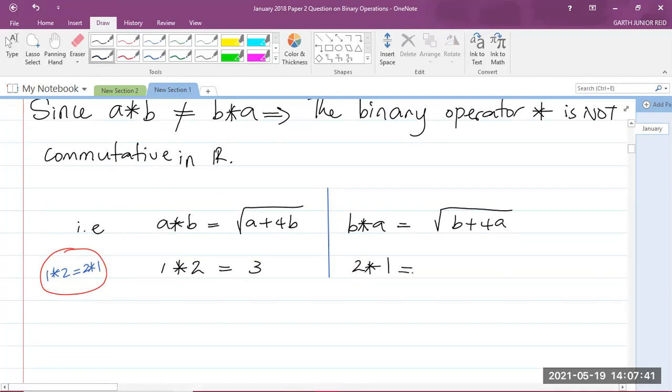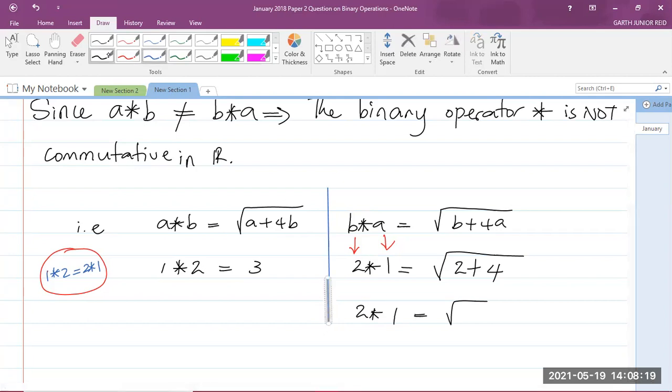I'm doing this just for you to understand what the commutative property says. This is the square root of B plus 4A, where we replace B as 2 and A as 1. We get 2 plus 4 times 1, which is 4. So 2 star 1 is equal to the square root of 6, since 4 plus 2 is 6.